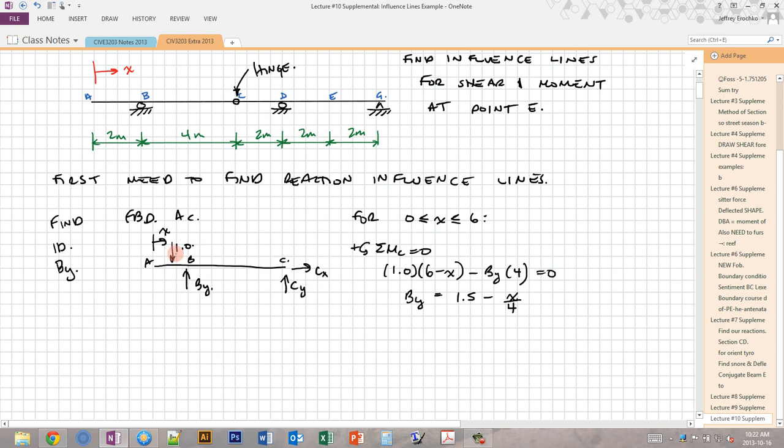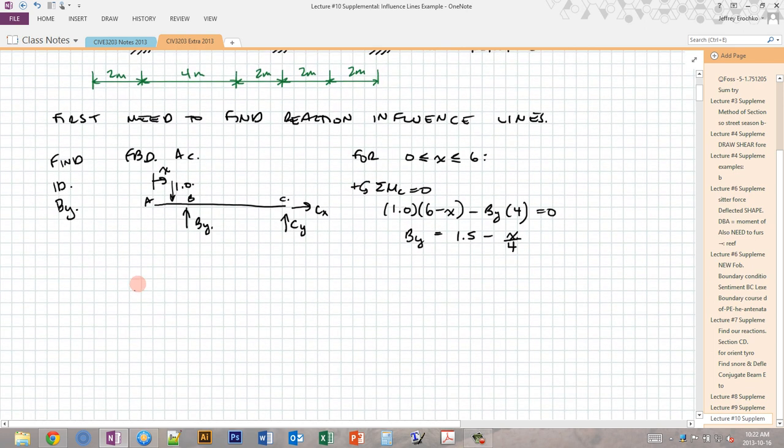Now what happens once this unit load goes past C and ends up on the other side of the hinge? Well, then we have a similar free body diagram. So we still have CY, we still have BY unknown, and CX, but we don't have our unit load now.